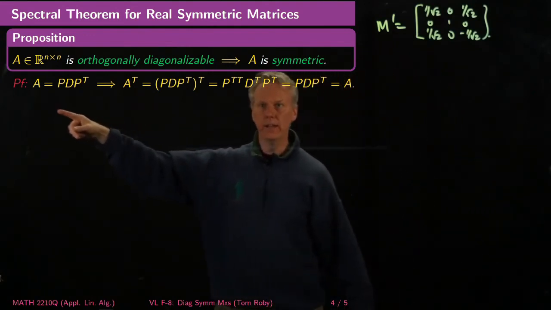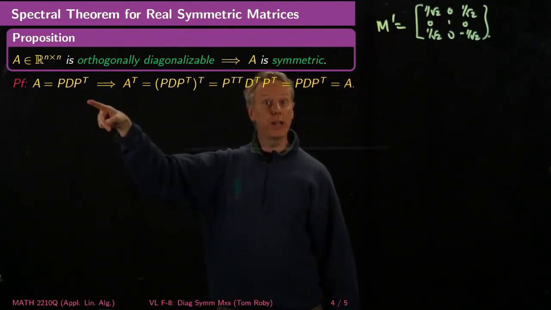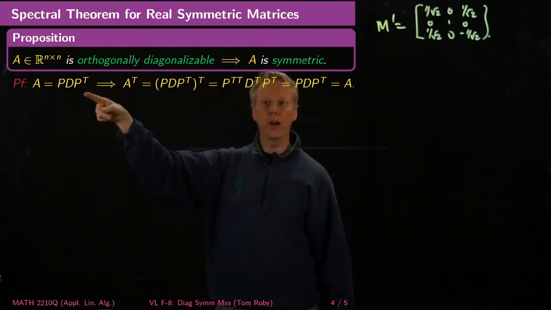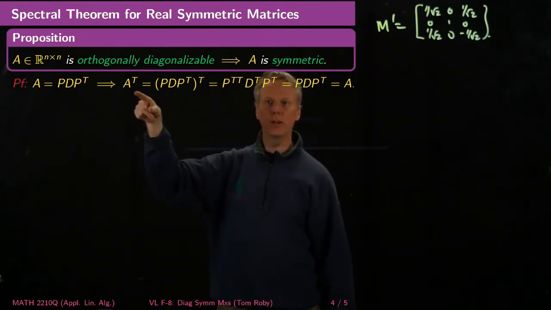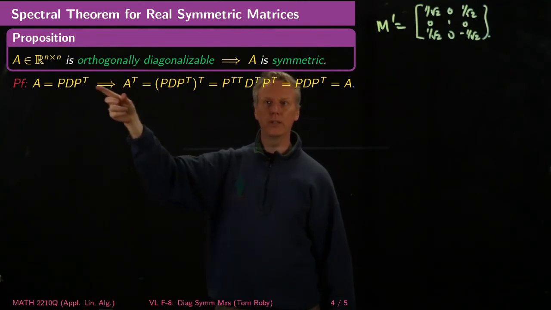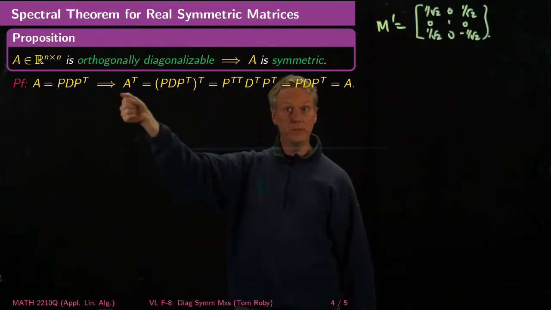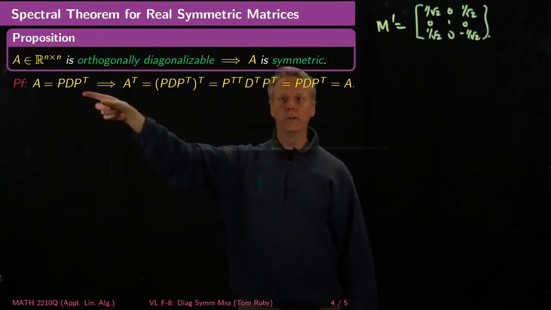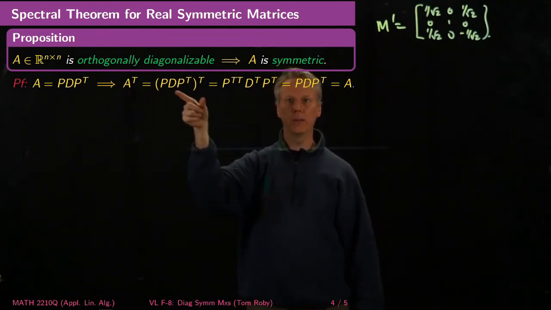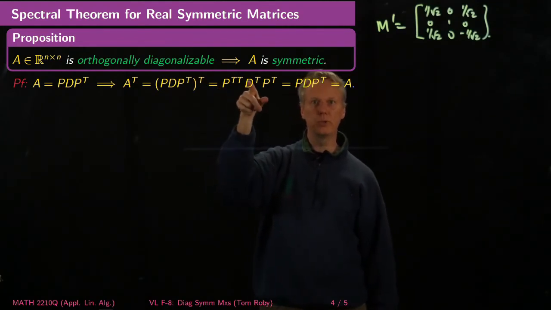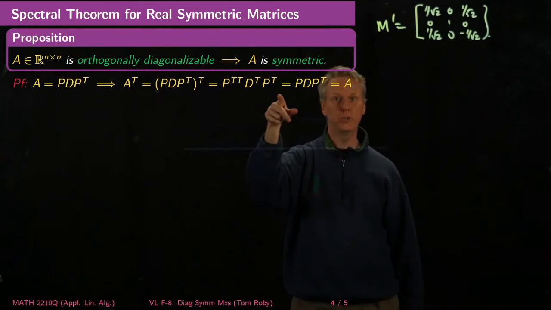Because if A is equal to PDP transpose, where P transpose equals P inverse since P is an orthogonal matrix, then what happens when I take the transpose of that? Well, to take the transpose of a product of things, I just reverse the order and take the transpose of each piece. So I get P transpose transpose, D transpose, P transpose.